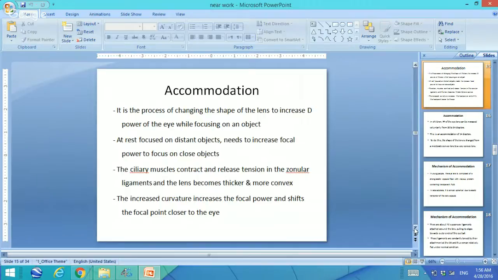The ciliary muscle contracts, and when it contracts, the tension in the zonular ligament will decrease, and the lens, especially the capsule, can move forward, so that the lens becomes thicker and more convex. This increased curvature will increase the focal power and shift the focal point closer to the eye.